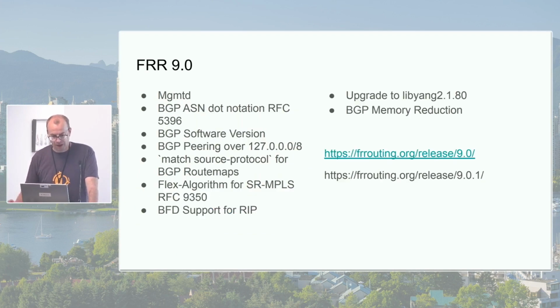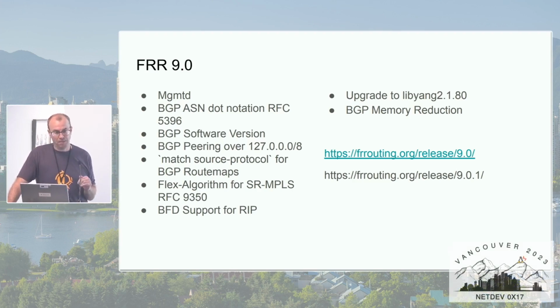All right. And 9.0 was this last summer's release. The big thing I really want to talk about here was the upgrade to libyang 2.1.80. So if you're using FRR, you need to be careful about the version of libyang that you're using.